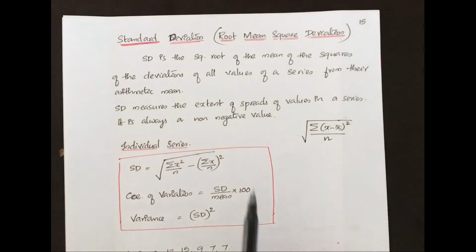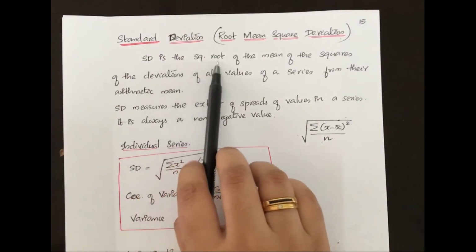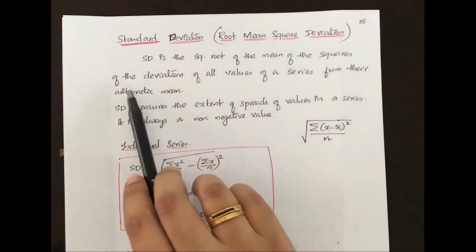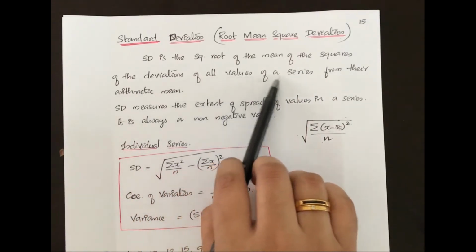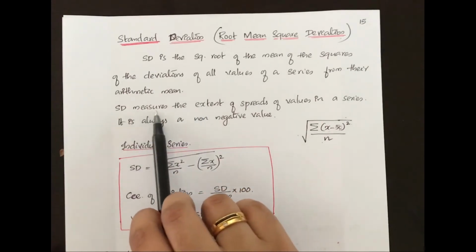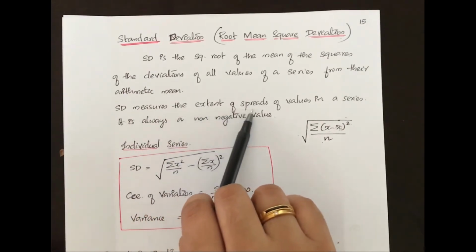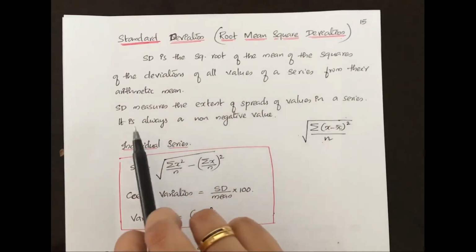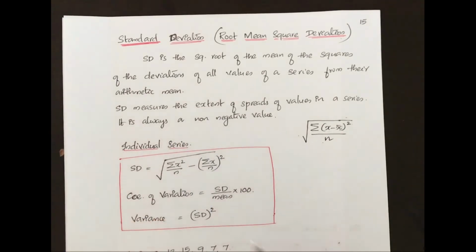So, standard deviation is the square root of the mean of the squares of the deviations of all values of a series from their arithmetic mean. Standard deviation measures the extent of spread of values in a series. It is always a non-negative value. Actually, standard deviation is the most important measure of dispersion because it has some special characteristics.